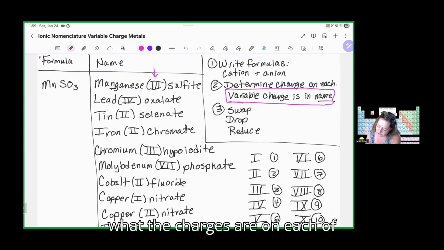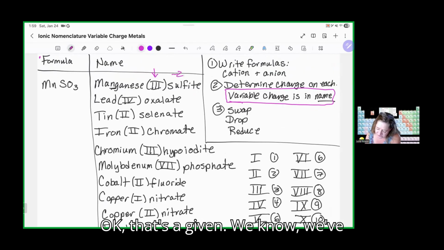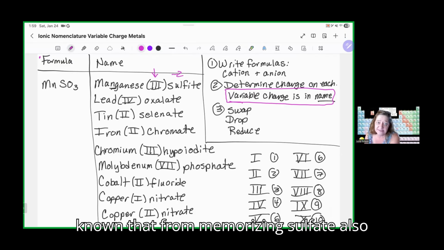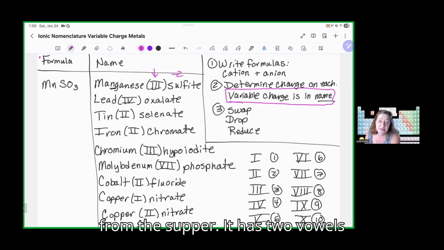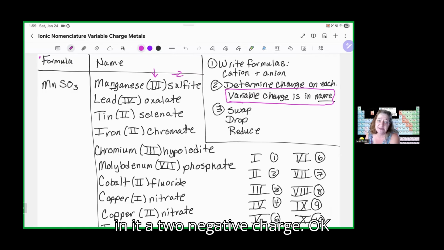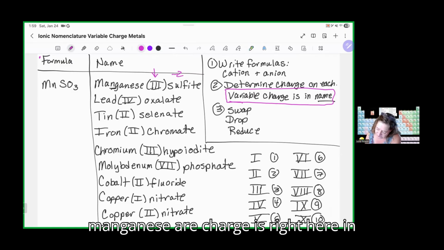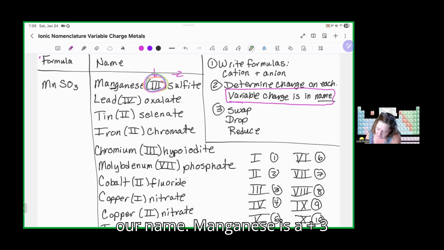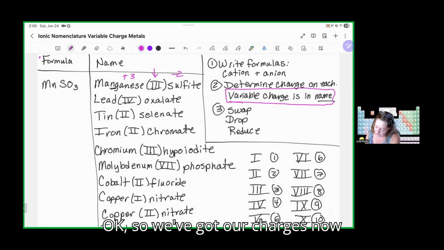Now we're going to determine what the charges are on each of those. We know sulfite is -2. That's a given. We've known that from memorizing sulfite, also from the supper, it has 2 vowels in it, a 2 negative charge. For manganese, our charge is right here in our name. Manganese is a +3. So we got our charges.